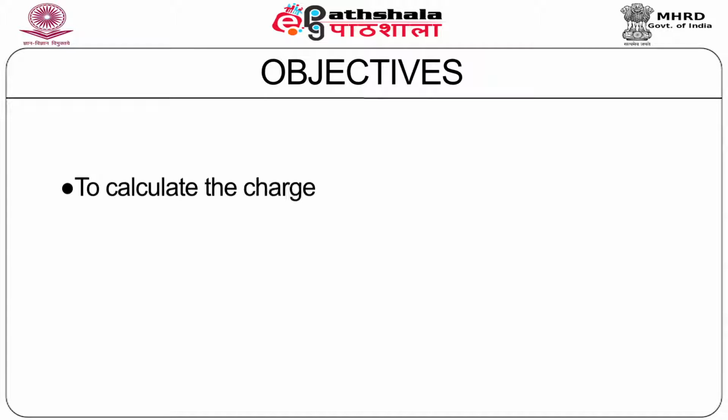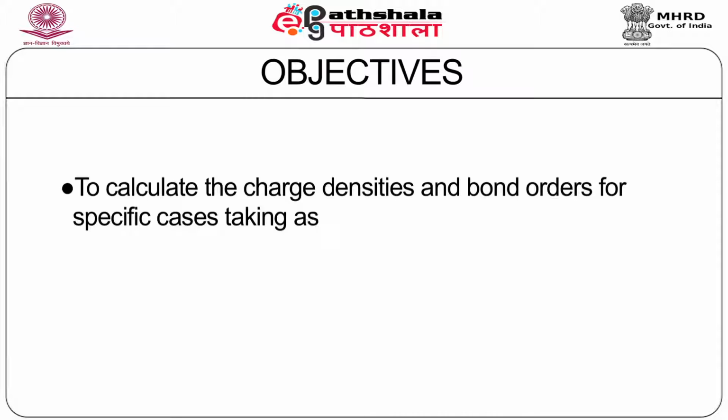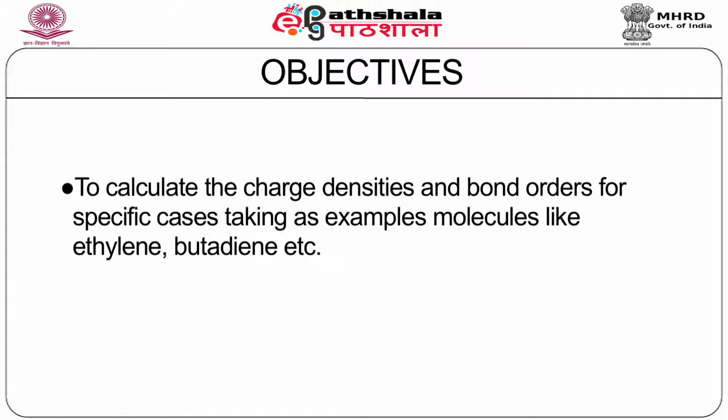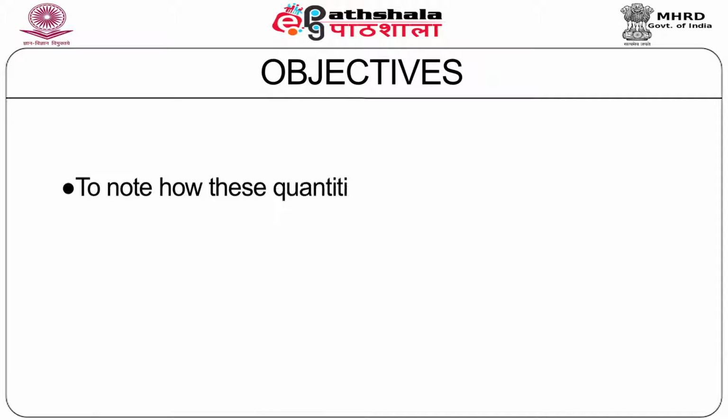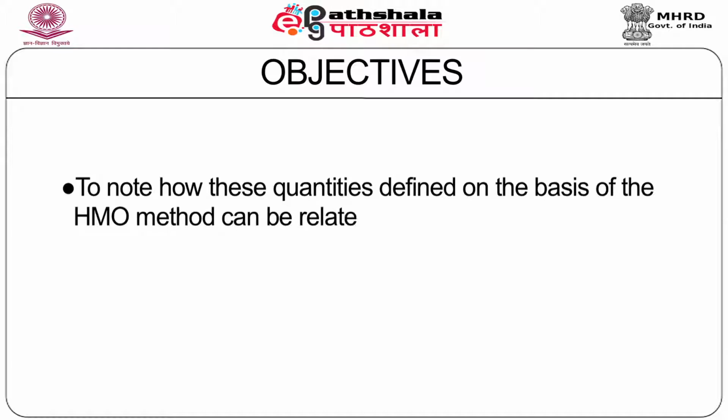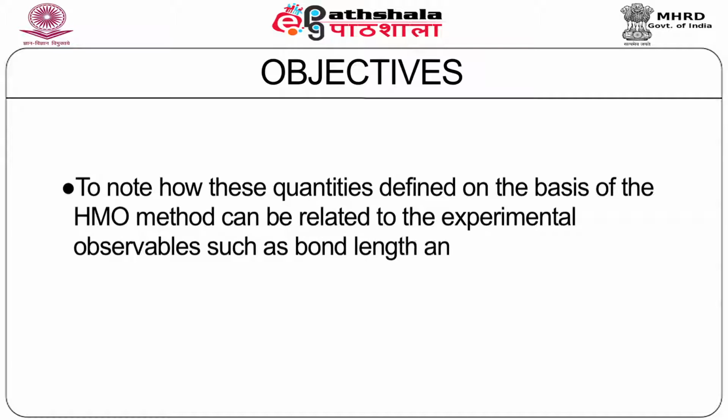To calculate the charge densities and bond orders for specific cases, taking as examples molecules like ethylene, butadiene, etc. To note how these quantities defined on the basis of the Hückel molecular orbital method can be related to the experimental observables such as bond length and hyperfine splitting.